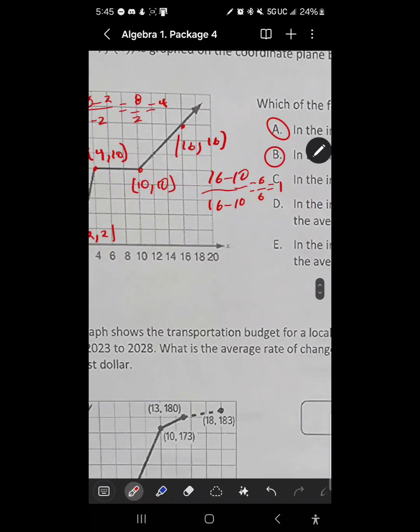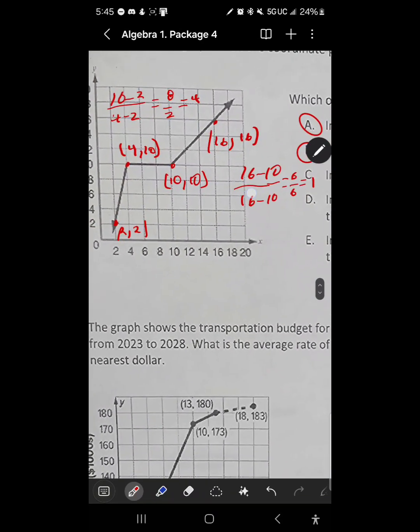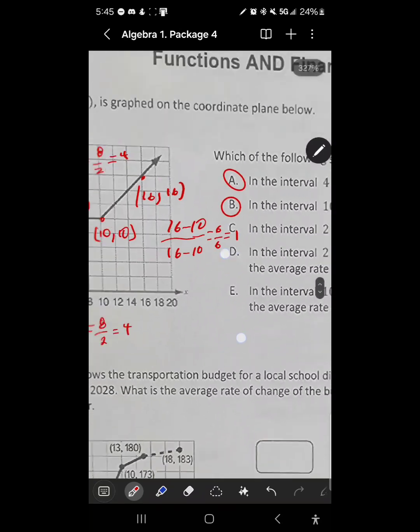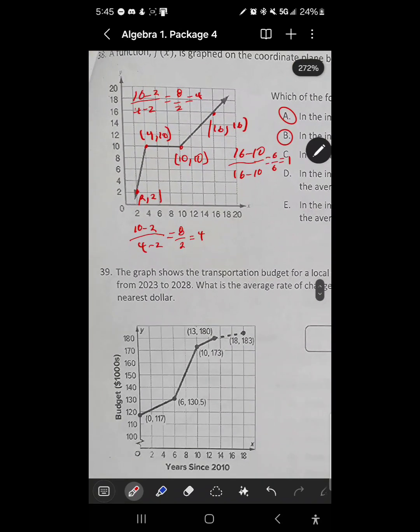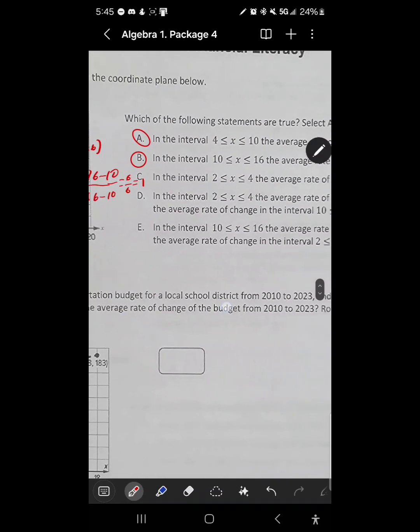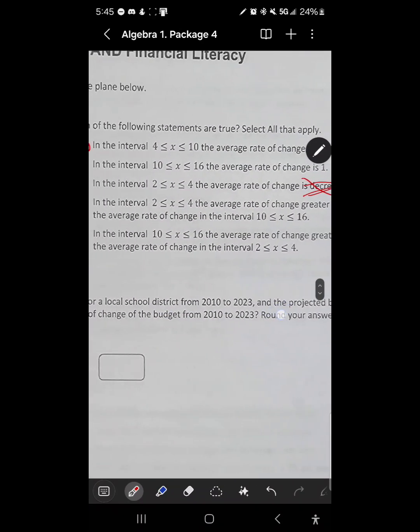And in this case, we can calculate it. So we have 10 minus 2 over 4 minus 2. So this is 8 over 2, which is 4. I think I calculated it before. I just don't remember. Oh, yeah. Right here, we did the thing twice. Either way, from 2 to 4 is indeed greater.